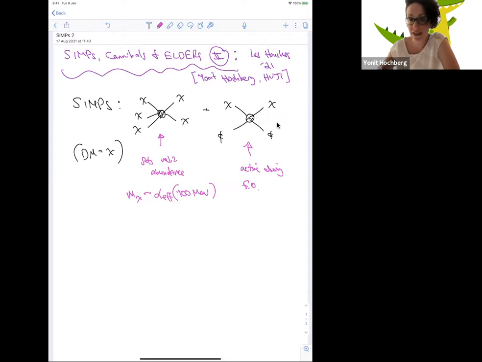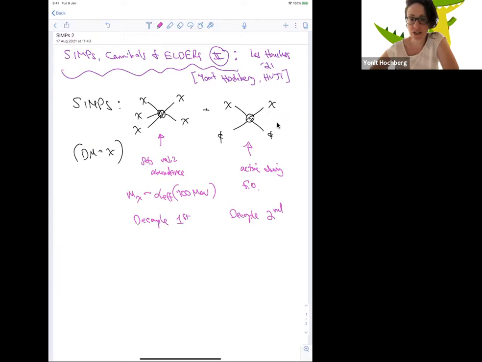So in this setup for SIMPs, if I think about who decouples first, first we have decoupling of the 3 to 2 annihilation, and then later, at some time where we don't really care when, we have the second process decoupling, because we need the second process to be active when freeze out is occurring. So this is the SIMP mechanism.